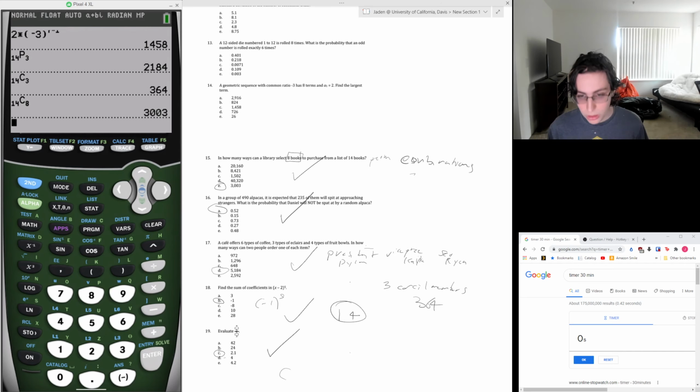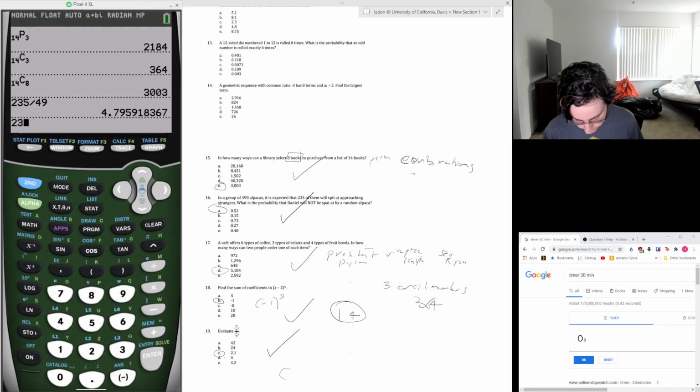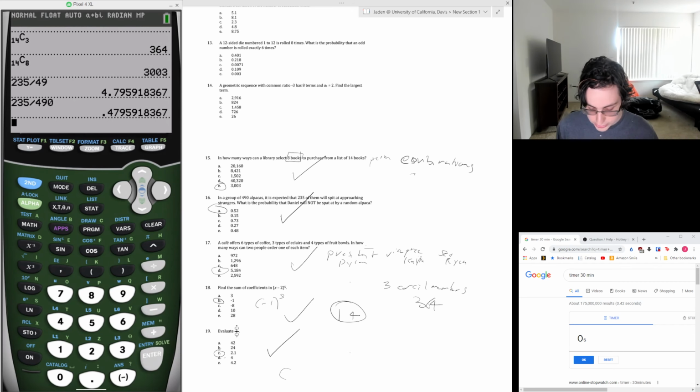So, if we divide 235 by 490, that is 47.9%. That is the probability that Daniel is spat at by an approaching alpaca. However, we want the probability that he's not spat at by a random alpaca. So that would be the not of that, and for that we do 1 minus that probability.